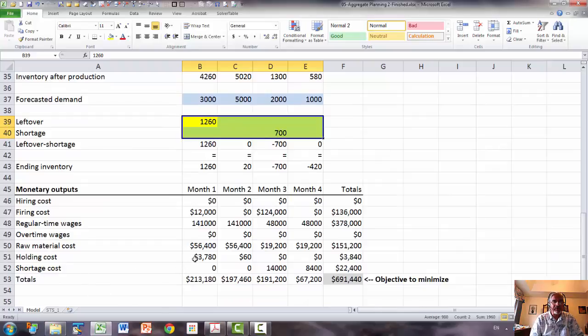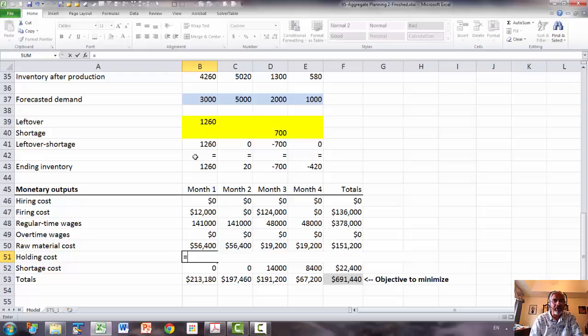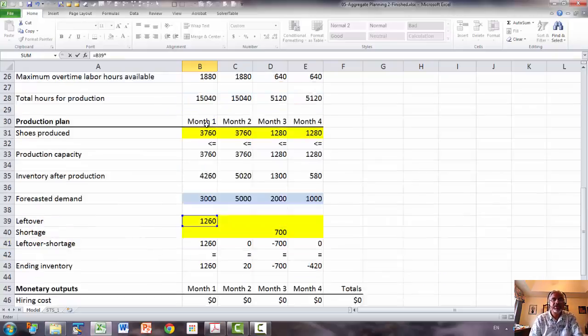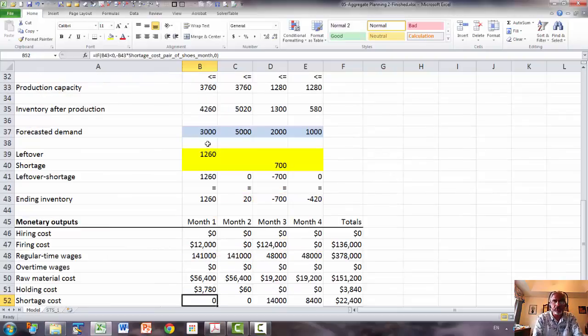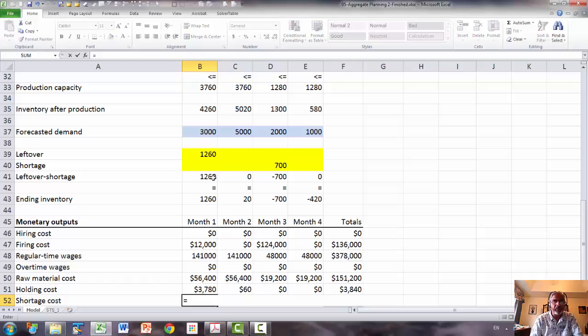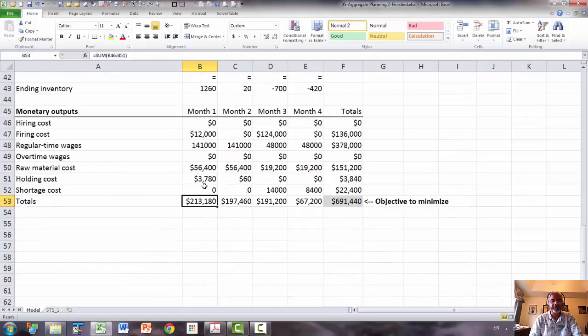So once you have done that, then your holding cost need not be an IF. All you have to do is use the leftover times the holding cost per shoe, and the shortage times the shortage cost. Okay, now you copy those two.